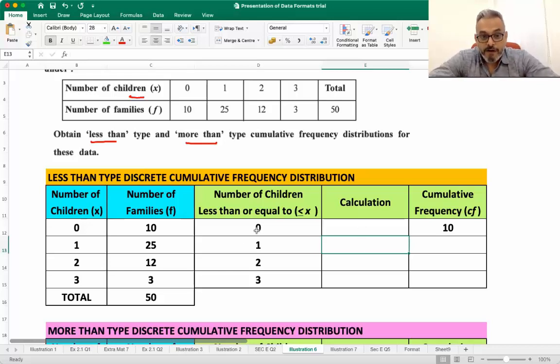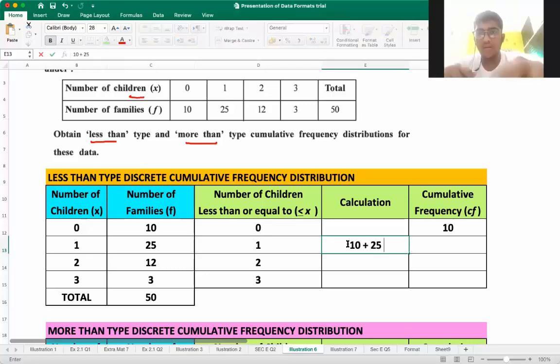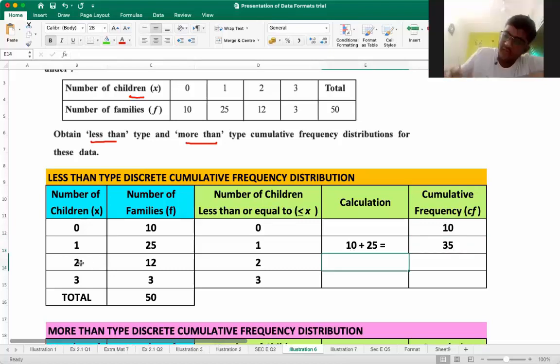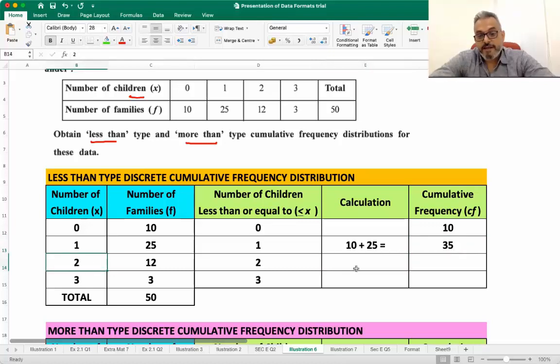Now, less than equal to 0, 10, less than equal to 1. So how we will calculate, 10 plus 25, which is 35. Then less than equal to 2. So either you can do 10 plus 25 plus 12, which will become very lengthy.